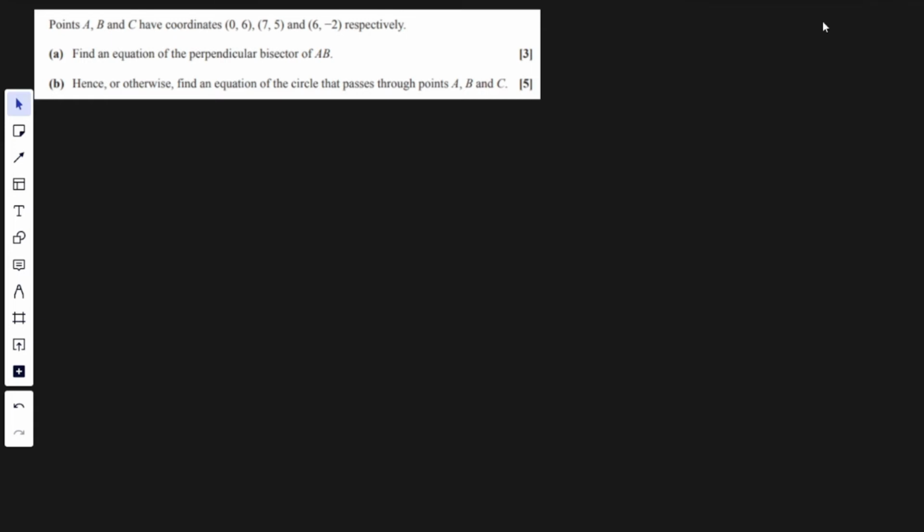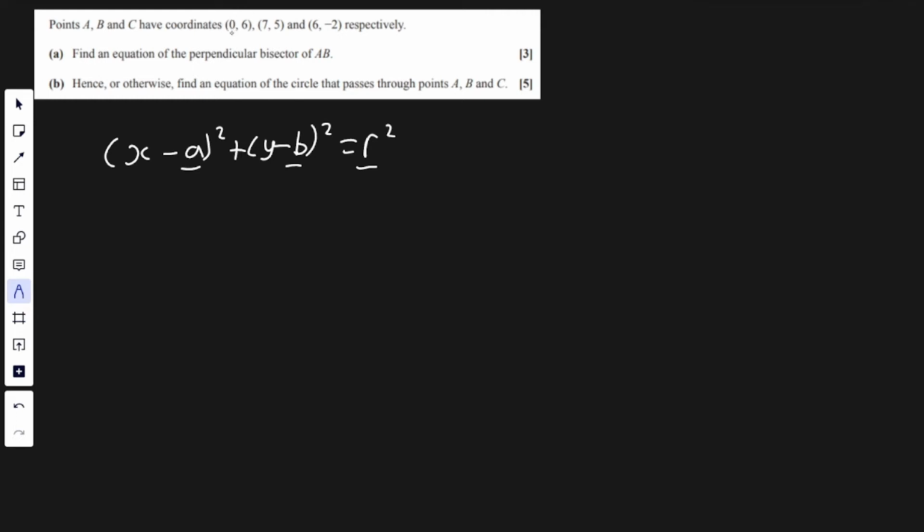Now this question is really difficult. So we're told 3 points, and what this is trying to teach us is how to find a circle given 3 points. Now we know our circle is of the form x minus a squared plus y minus b squared equals r squared. We have 1, 2, 3 unknowns.